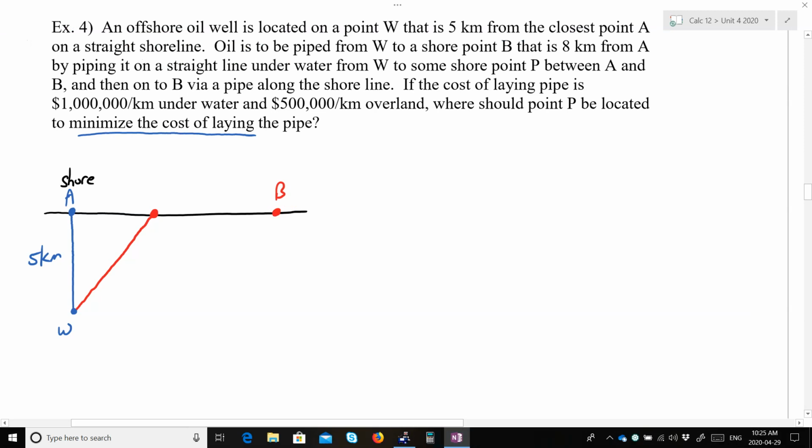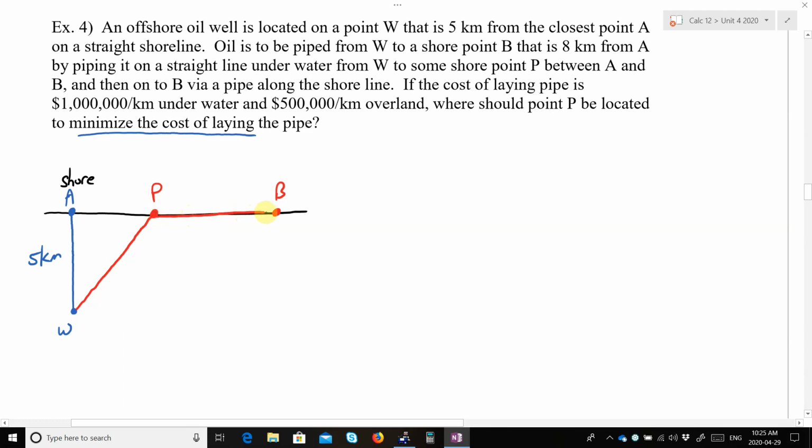Okay, so oil is to be piped from W to a shore point B that is 8 kilometers from A by piping it on a straight line underwater from W to some shore point P. So we're going to go underwater to some shore point P, which is between A and B, and then on to B via a pipe along the shoreline.